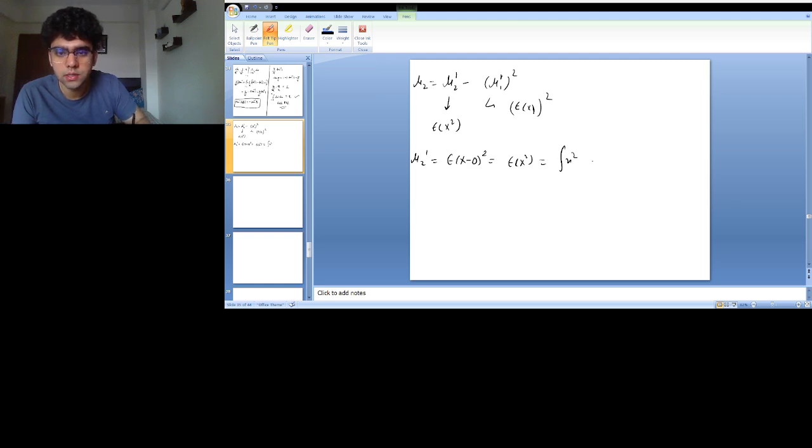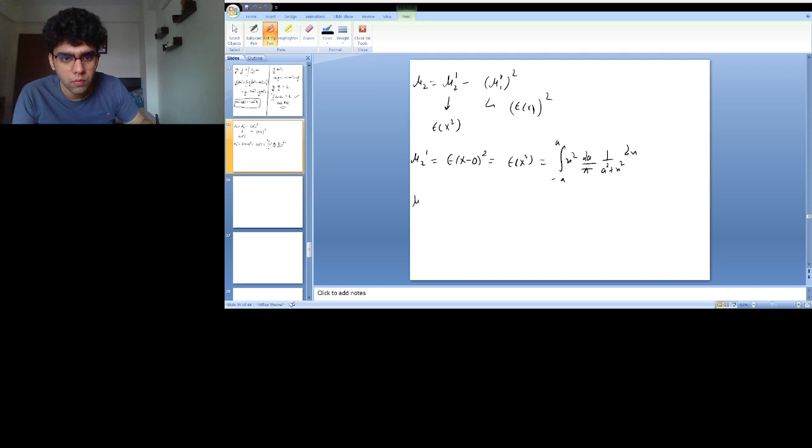Now fx dx, my fx was 2a upon pi into 1 upon a square plus x square dx, from minus a to a. So 2a upon pi is a constant term, I'll take this out, so this becomes 2a upon pi.